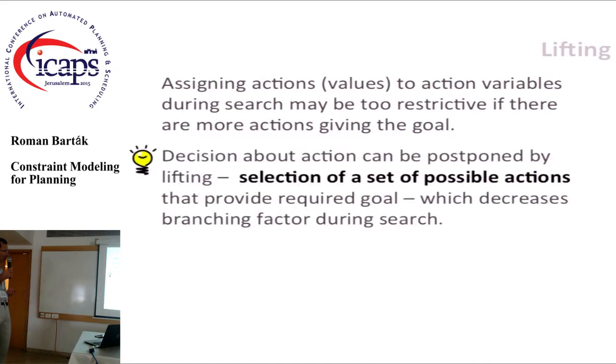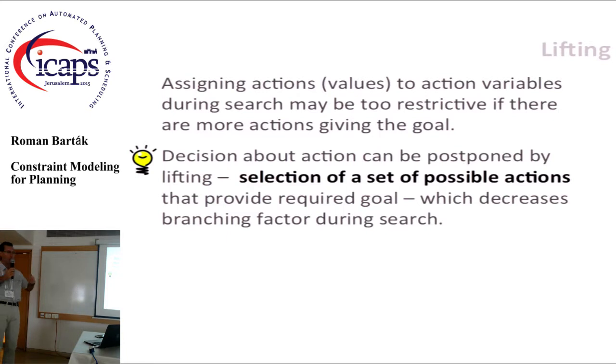So what we can do is select the goal variable, but instead of assigning a value to the action that is achieving this goal, we keep the domain of the action variable larger by using all actions that are setting this value of the goal.